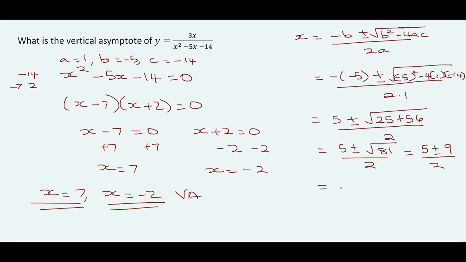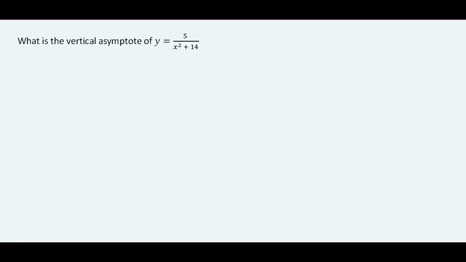So we have two choices, 5 plus 9 over 2 or 5 minus 9 over 2. This is going to give us 14 over 2 or negative 4 over 2. So now we have 7 and then we have minus 2. So you can see that regardless of which approach you use, you should get the same result.